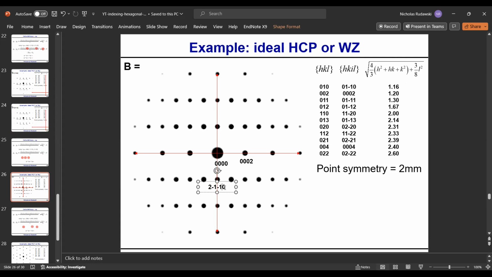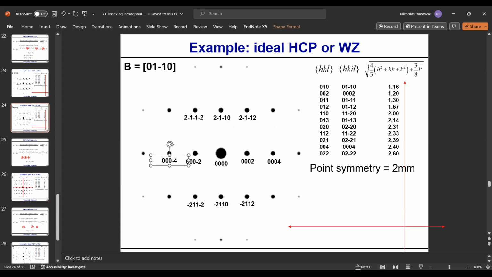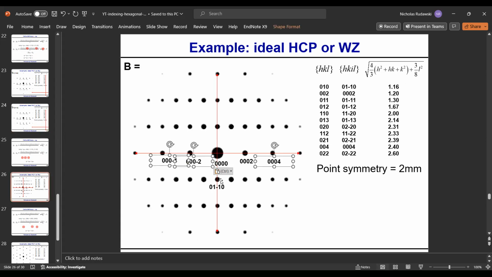And this, 0, 1, 0, we have to convert to 4 index. So that's 0, 1, 1 bar, 0. And then it's just a matter of doing the rest, and I'm going to copy some of these here because they're all the same.